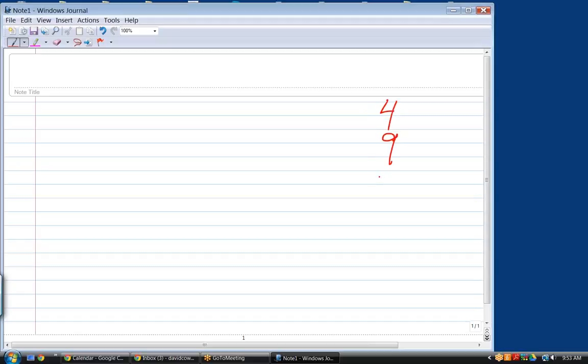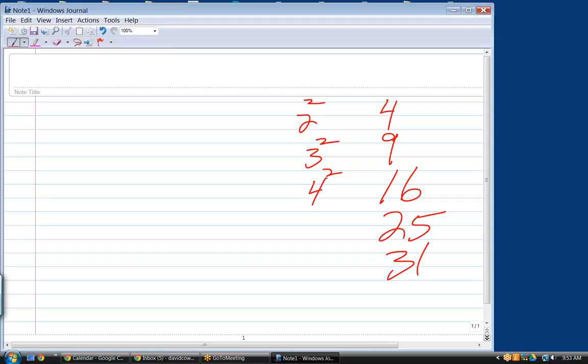No, not 8, 9. In other words, 4 is 2 squared, 9 is 3 squared, what is 4 squared, and so forth? 16. 5 squared? 25. 6 squared? 36. That's about all you have to remember.